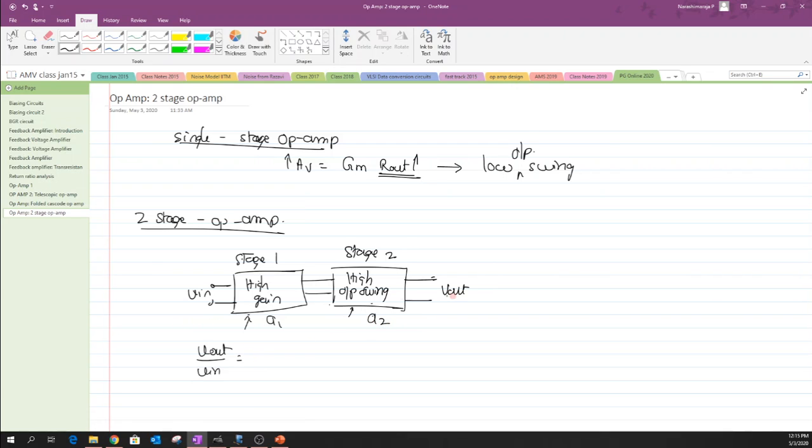The total gain of this entire two stage op amp would then be just a multiple of both these individual gains, which is nothing but A1 times A2. Now with this introduction, we'll move to a circuit level where we will try to have an implementation at the transistor level.